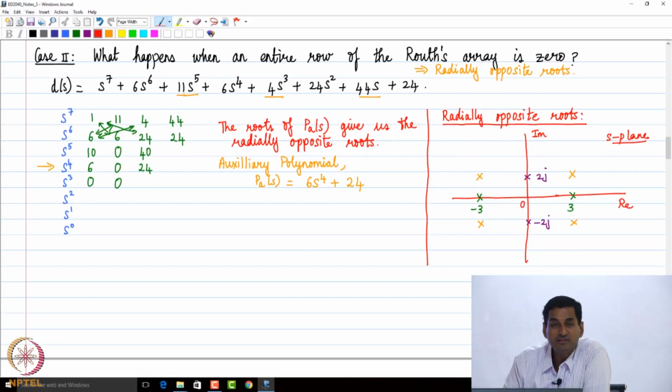In this case, 6 s power 4 plus 24 equals 0 gives me s power 4 plus 4 equals 0. What is the solution of s power 4 plus 4 equals 0?